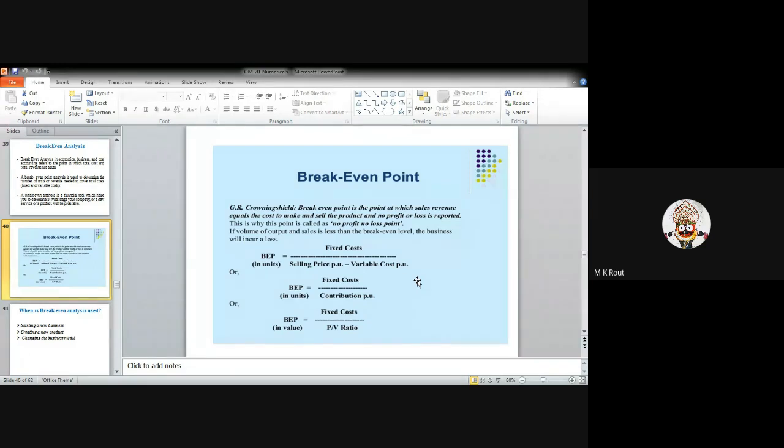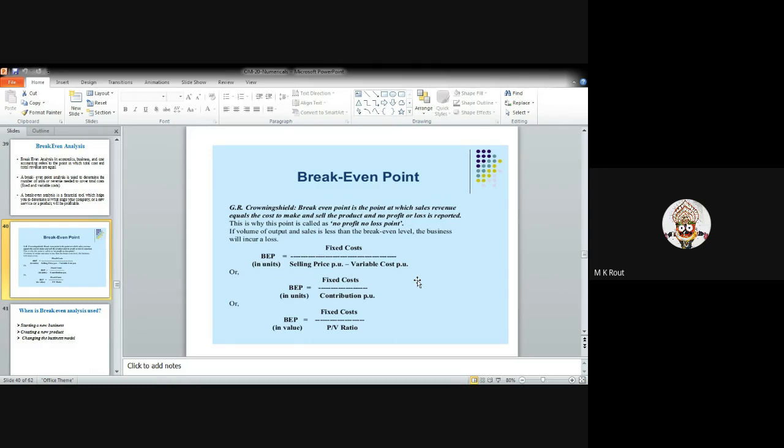So these are the formulas for break even point. The first formula is break even point in units equals fixed cost divided by selling price per unit minus variable cost per unit. The next formula is break even point equals fixed cost divided by contribution per unit. And the last formula is break even point equals fixed cost divided by profit volume ratio.